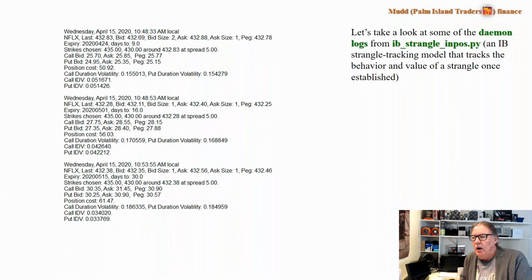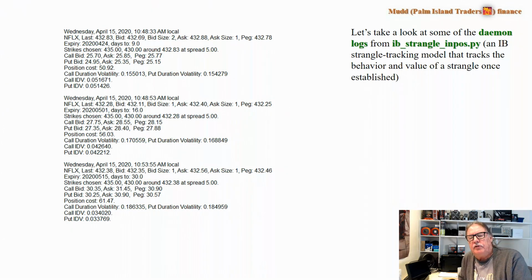And so these are strangle trackers to some extent. If you look at the one on the very top, you can see this is Wednesday, April 5th. This is tracking a call and a put, and this is a 9-day maturity. So this is pretty close, and it's Netflix.